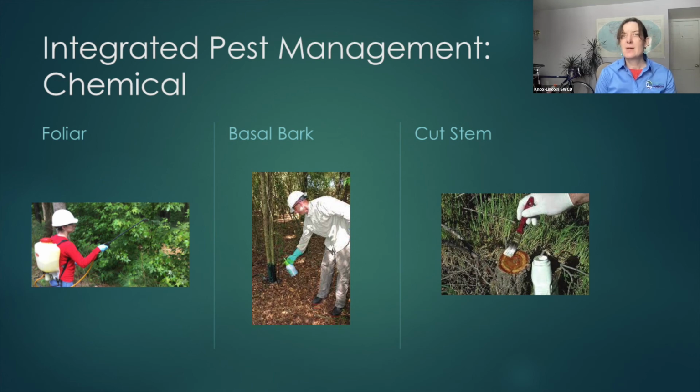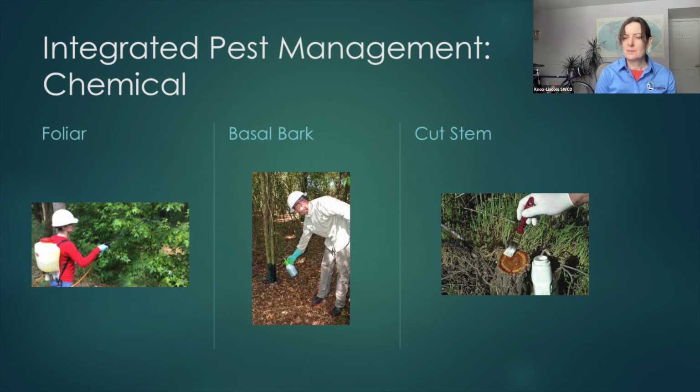It's not generally as recommended for multi-stemmed plants like shrubby honeysuckle and autumn olive, because you've got so much biomass. You really need to treat around all the bark and around all the bases of each stem.